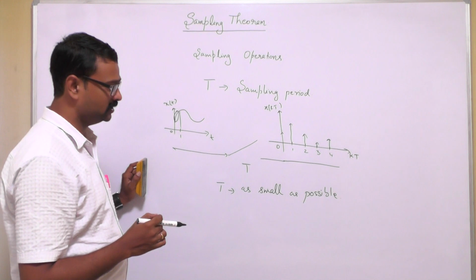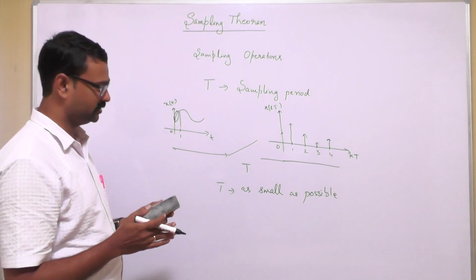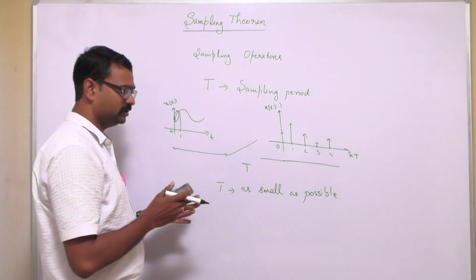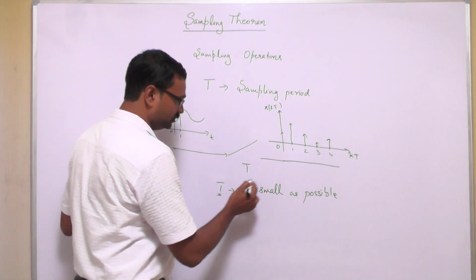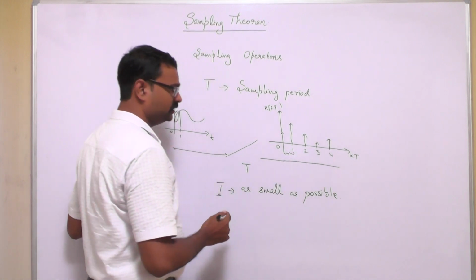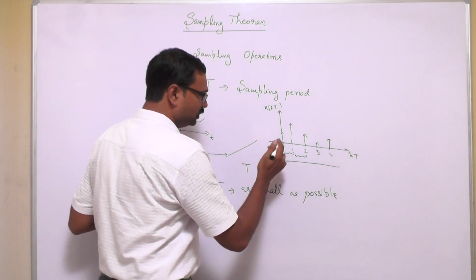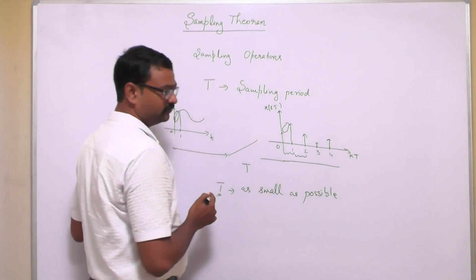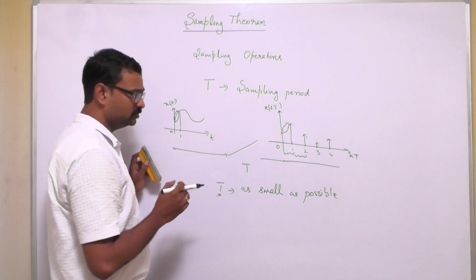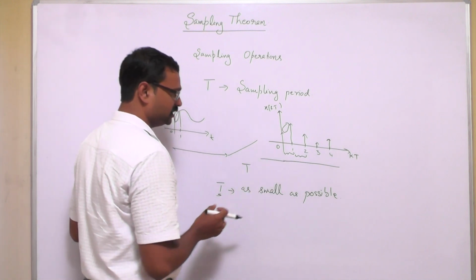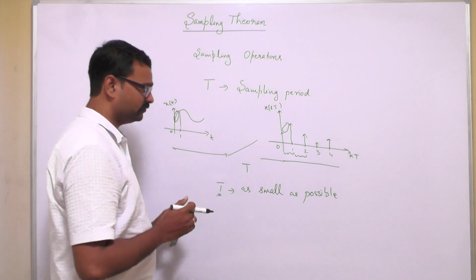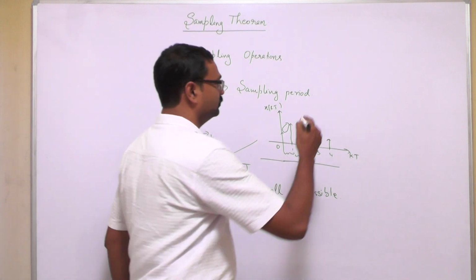So in order to safeguard that, you reduce the time period between 0 and 1, or between 1 and 2. To safeguard against loss of information, T must be as small as possible.